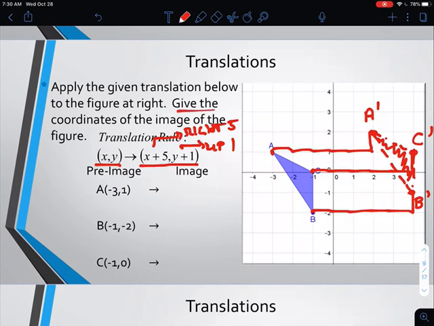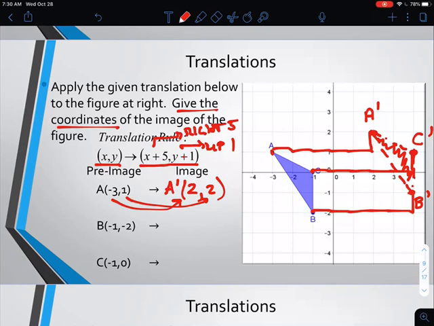Now the other thing that we have to do is give the coordinates of the image. They're going to say, once we move, where do we end up? So A prime, if we look at the picture, or if we use the points, we add 5 to x, so we end up at +2. Add 1 to y, we end up at 2. So I can do that from these points using the +5, +1, or I can just look at the graph.